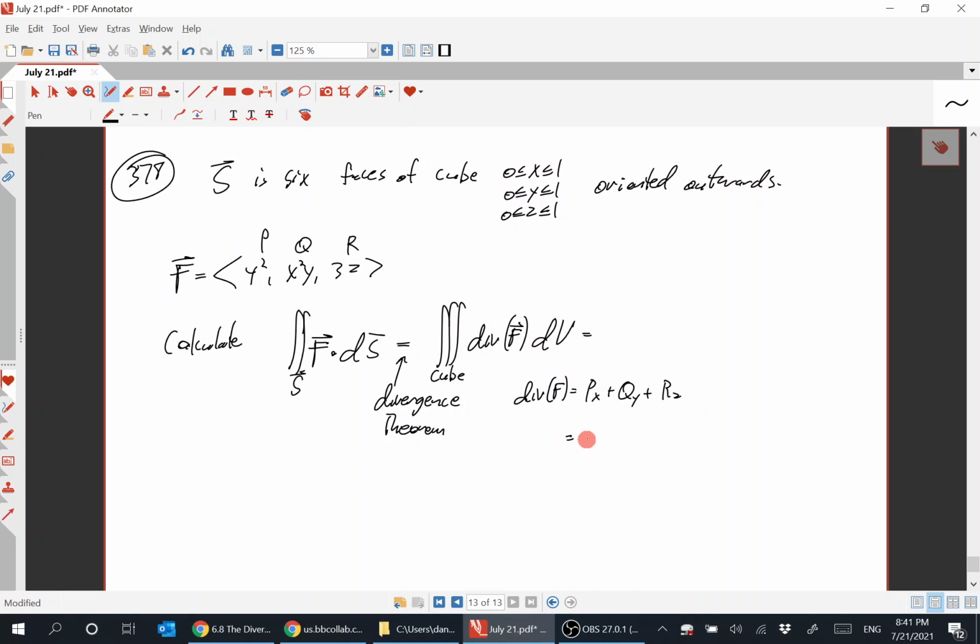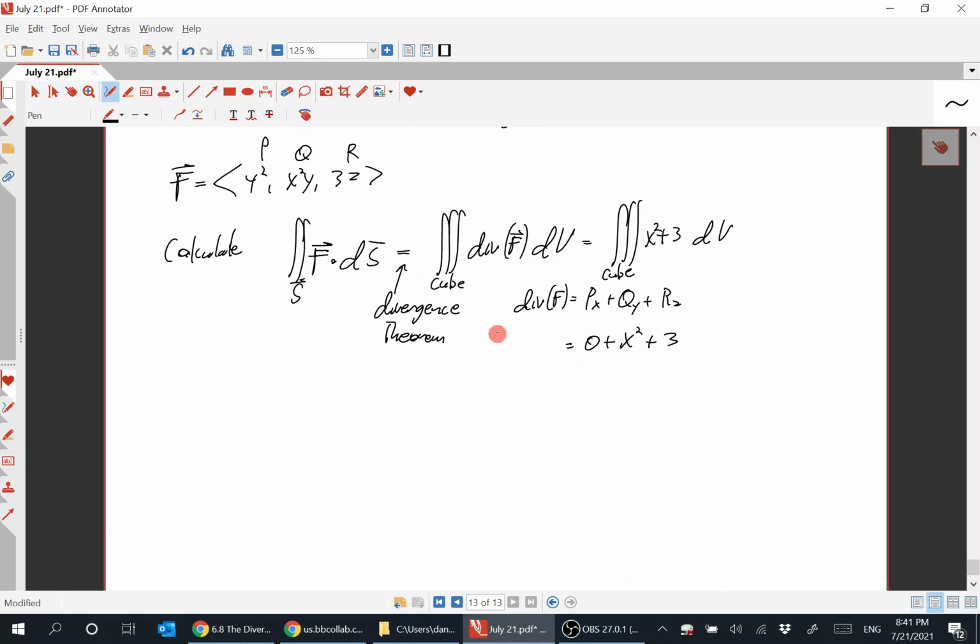So in this case, it's 0 plus x squared plus 3. So this is the triple integral over the cube of x squared plus 3 dV. That's equal to the integral from 0 to 1, 0 to 1, 0 to 1 of x squared plus 3, and I'm going to do dx, dy, dz.